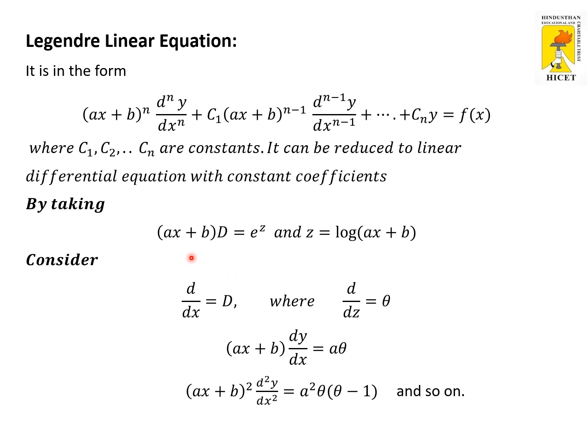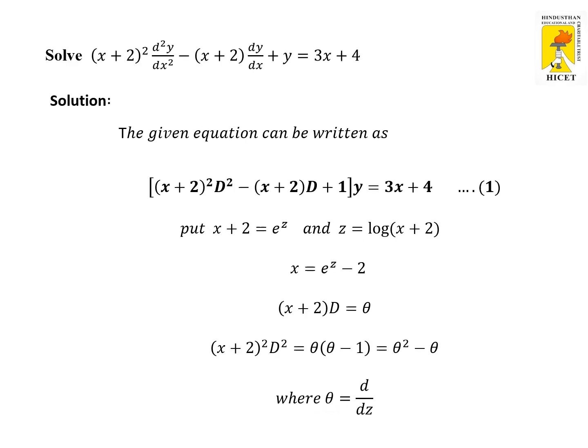Now consider (ax plus b) D as a theta, that is (ax plus b) D equal to a theta, (ax plus b) squared D squared as a squared into theta into theta minus 1, and so on. So now let us consider one example.